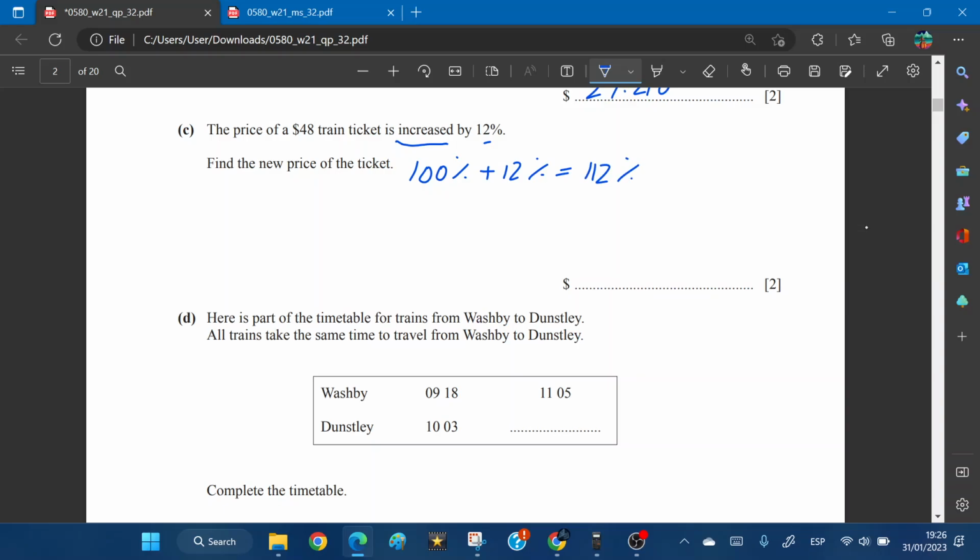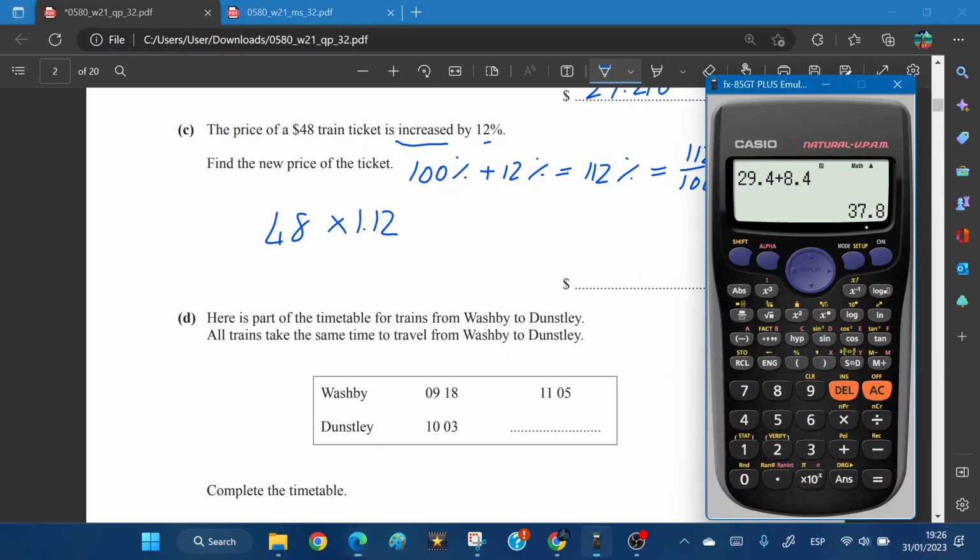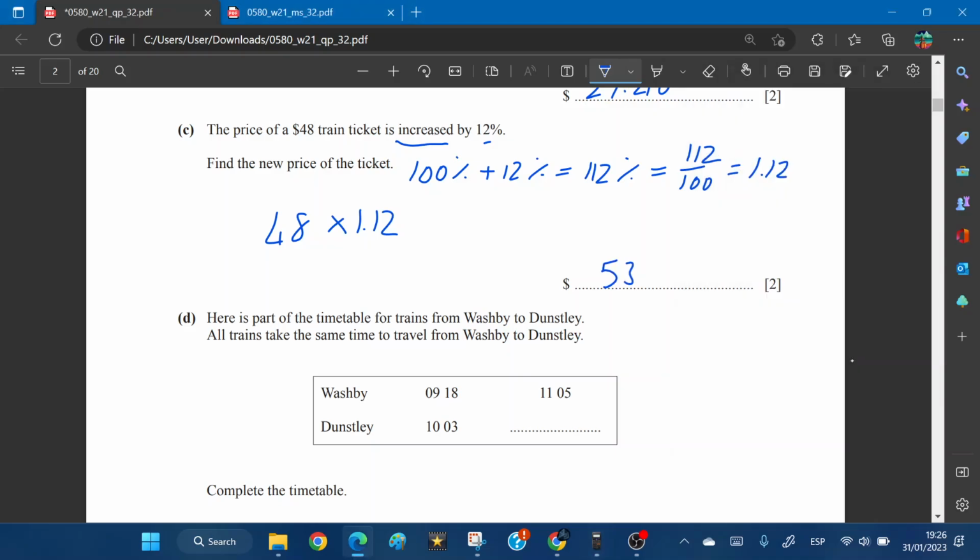Now remember, percentage is out of 100. So if we write 112% out of 100, that gives us 1.12. That's our multiplier. So all we need to do is do 48 times 1.12. And we have the answer, 53.76.